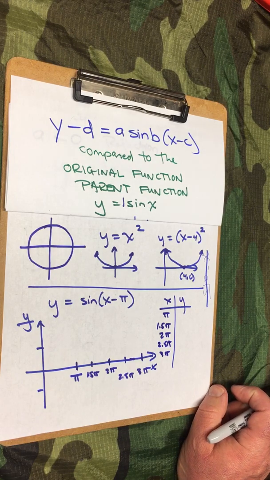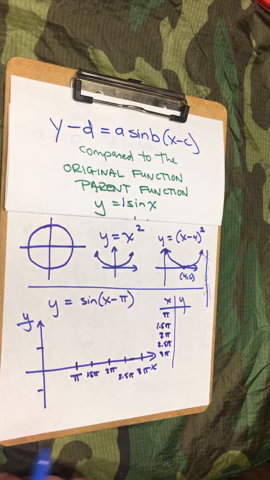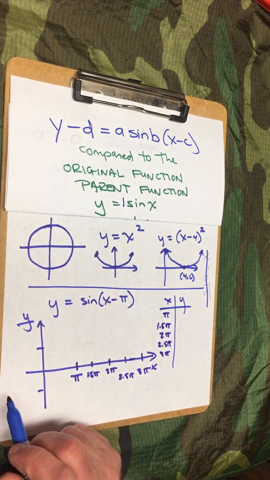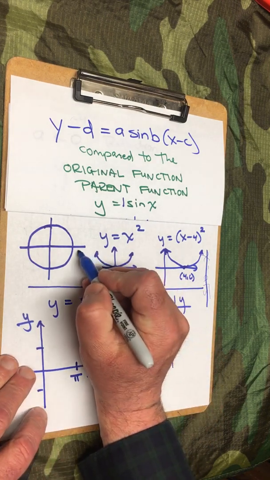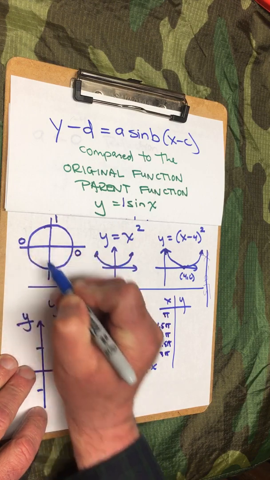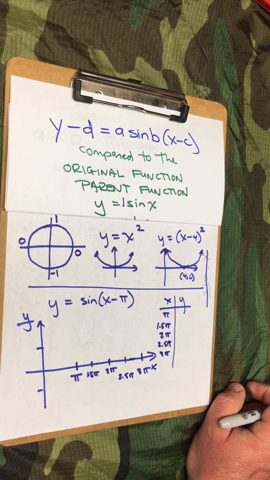I know that the y component of all these points on the unit circle give me the sine of an angle, right? So maybe rather than writing the ordered pair points for these intercepts of my circle, maybe I'll just write down the y components. I know that the y component here is 0, it's 1 here, 0 again, and -1. Teammates, let's give it a go, don't you think?